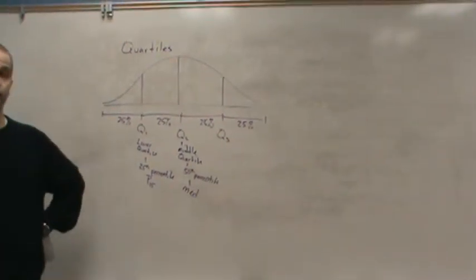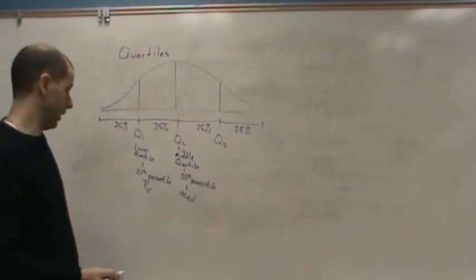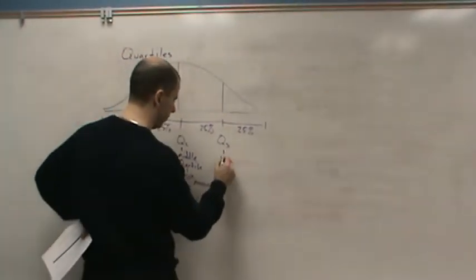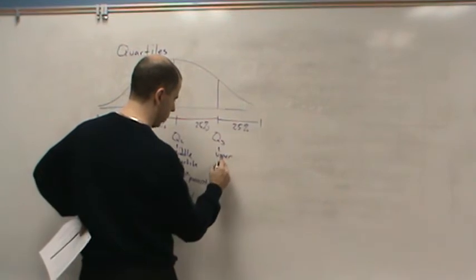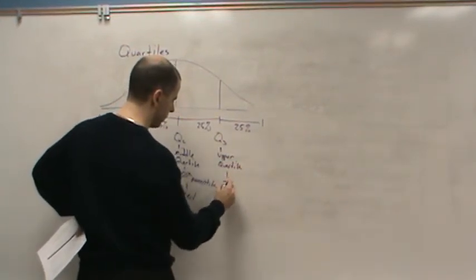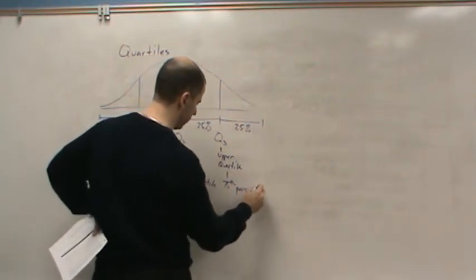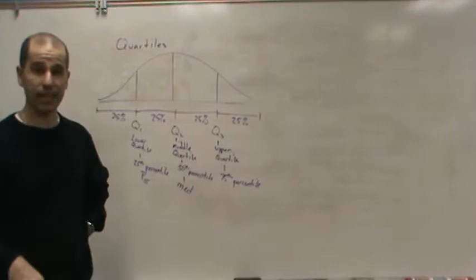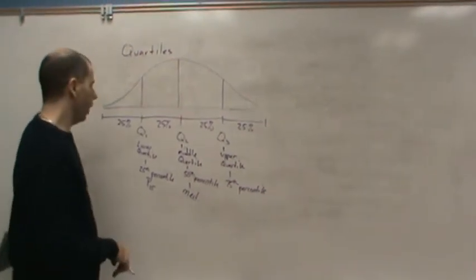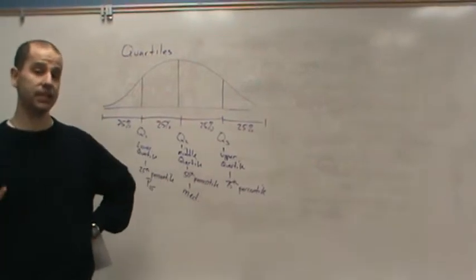Q3, if you guess, is called the upper quartile. So Q3 is the upper quartile, or the 75th percentile, or P75.